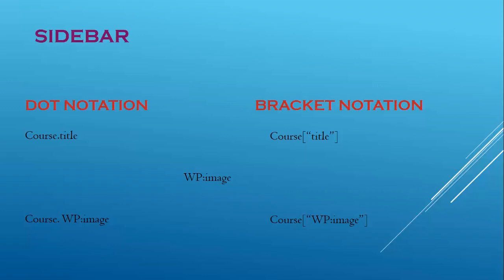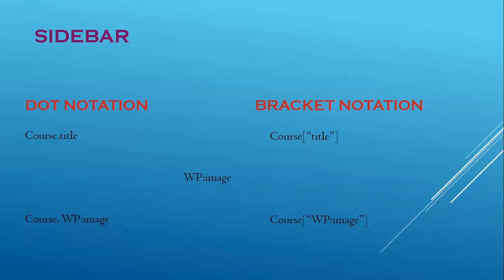Now here bracket notation comes in. When we use bracket notation, we put the property title in a quote and make it a string. So JavaScript will not parse this operator into something else. So we used course square bracket quotes and WP colon image, close quotes and bracket.